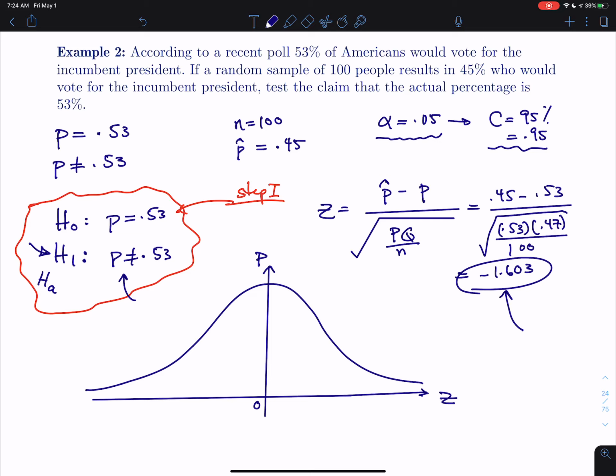I'm going to remind you that your alternative hypothesis could be either less than, greater than, or not equal to, and it always goes with the direction of the arrow. So this is obviously a left tail test, this is obviously a right tail test, and this is what they call a two-tail test. Here it's not equal to, so we're going to have a two-tail test.